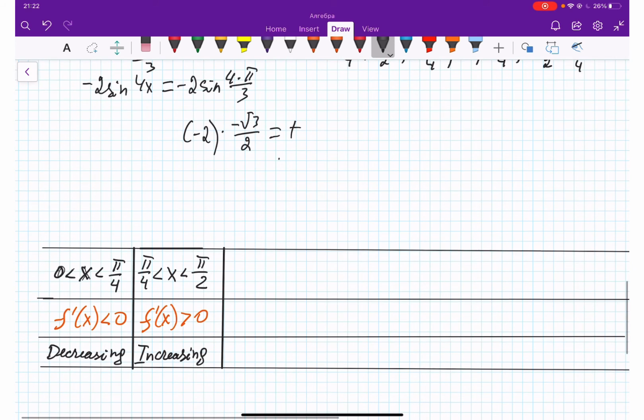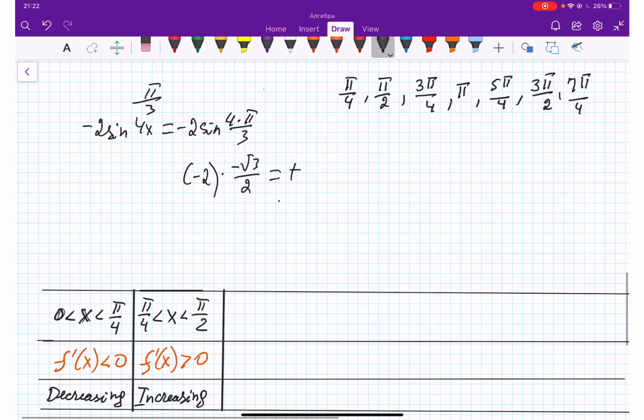Okay. Next interval, it's going to be between pi over 2 and 3 pi over 4. So x is greater than pi over 2 and less than 3 pi over 4.